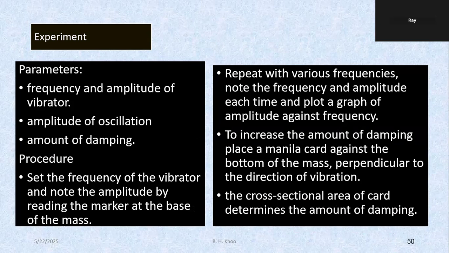Repeat with various frequencies, noting the frequency and amplitude each time, and plot a graph of amplitude against frequency. To increase the amount of damping, place a manila card against the bottom of the mass, perpendicular to the direction of vibration. The cross-section area of the card determines the amount of damping.